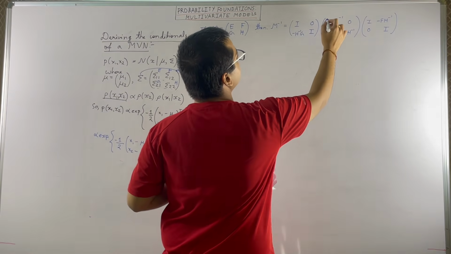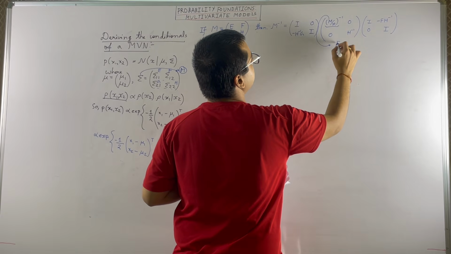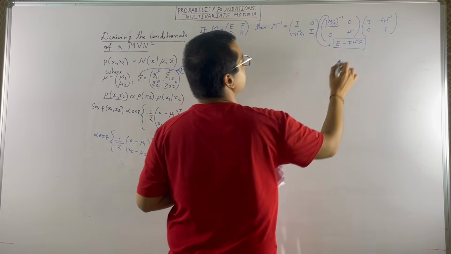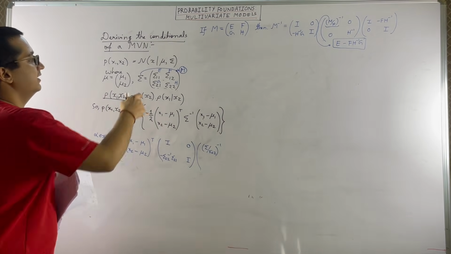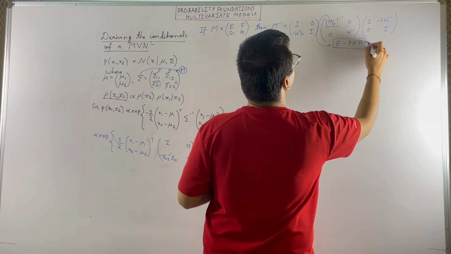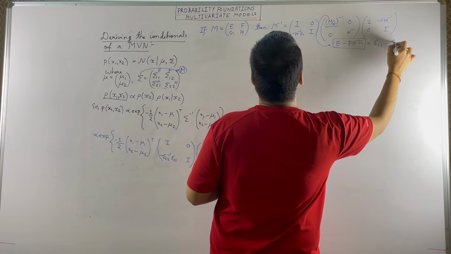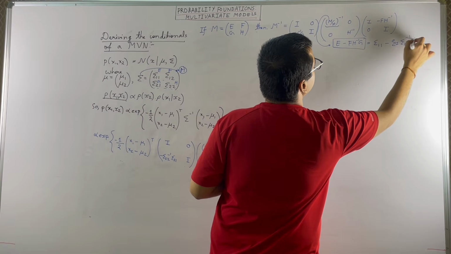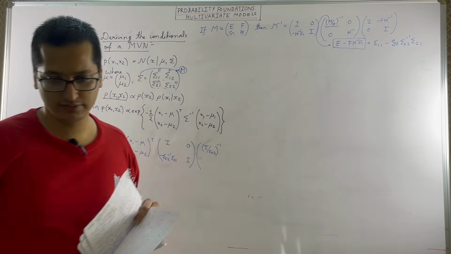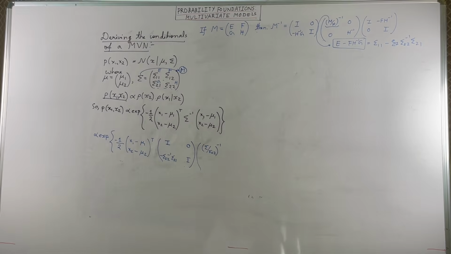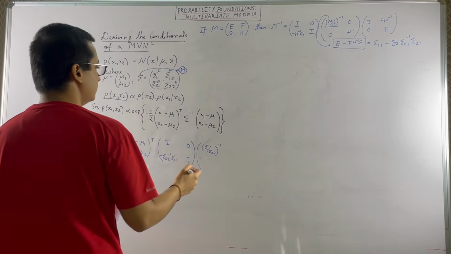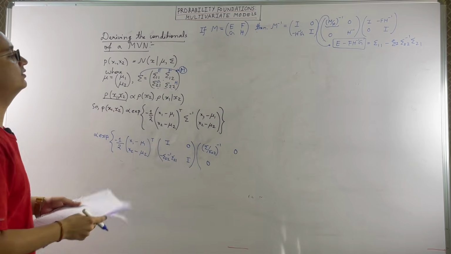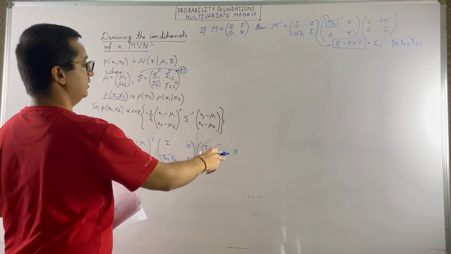And we found the expression for this. What term did we get here? The term that we got was E minus F H inverse G, which was basically sigma 1 1 minus sigma 1 2 sigma 2 2 inverse sigma 2 1. So this 0 0, and what will be H inverse?